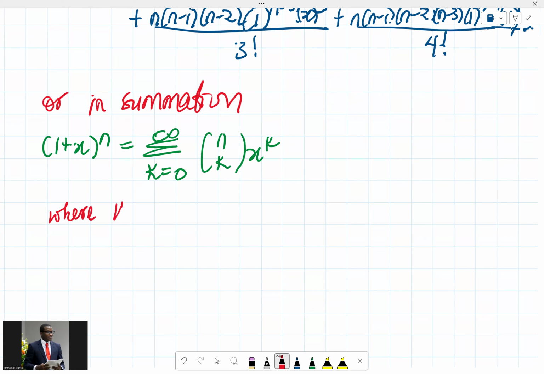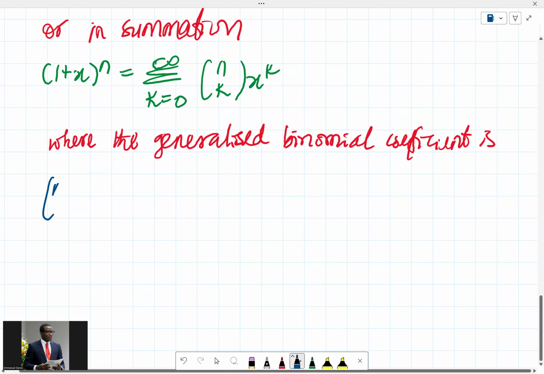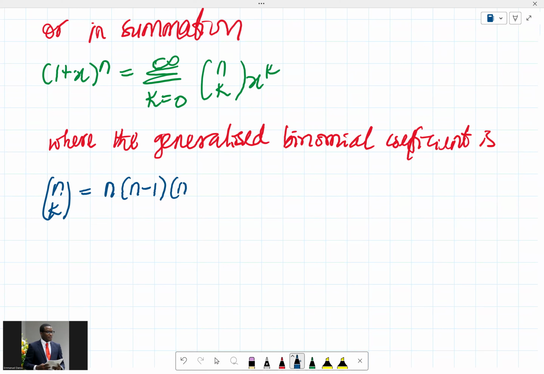The generalized binomial coefficient is, n combination k, instead of just what we're used to, so n into n minus 1 into n minus 2.